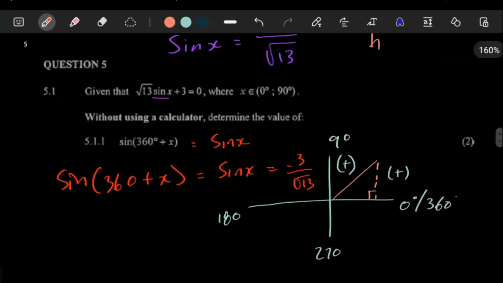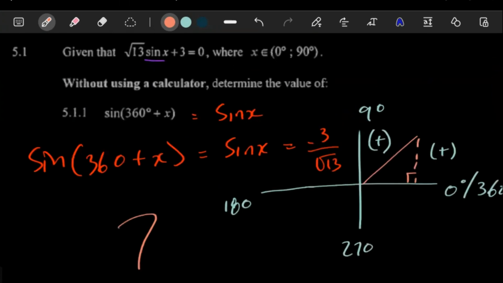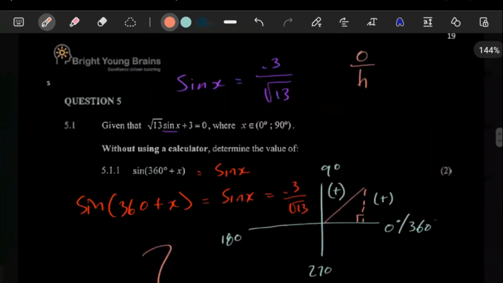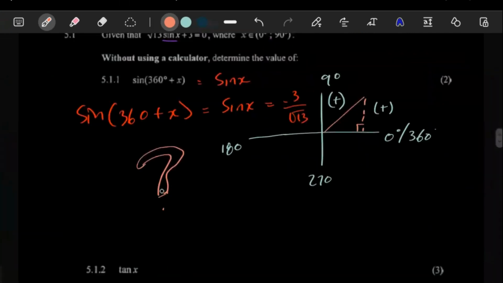But the only big issue is this is not making any sense, right? It's just not making any sense because these two are both positives, but then this is a negative. So I'll just put a question mark on this one, but this is the only thing that would work.